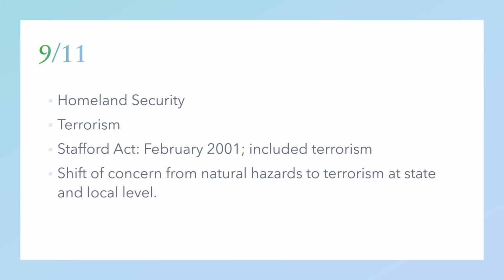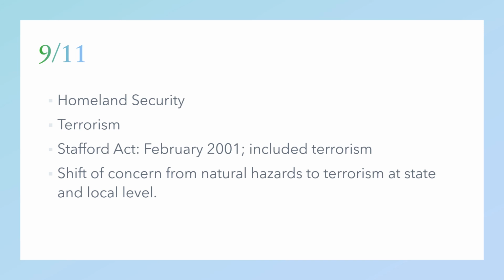The Stafford Act, which you'll see various times as we go through, deals with this idea of disasters and emergency response, and in February of that year it included terrorism. And one of the big takeaways from 9/11, as you would greatly expect, was a shift of concern from natural hazards to terrorism, at the state and local level.